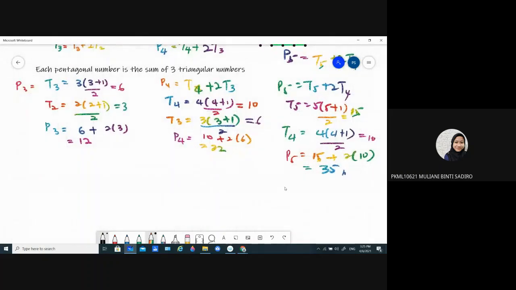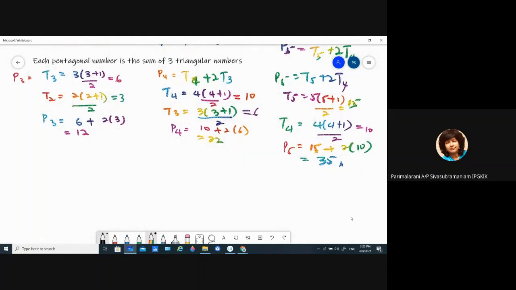Now that you have seen this, let's derive the formula for the nth. We want to write down the formula for the nth pentagonal number.